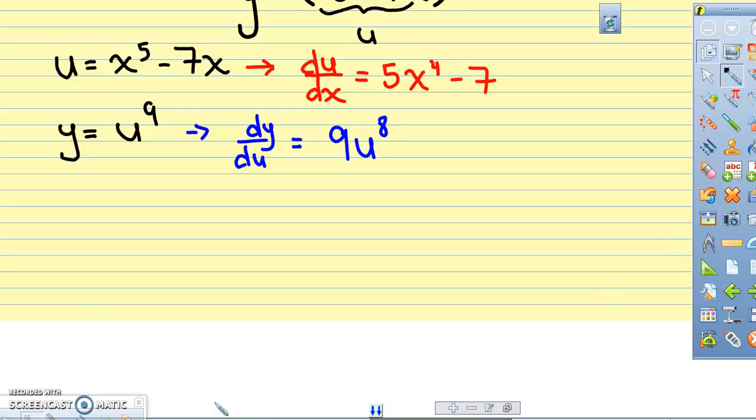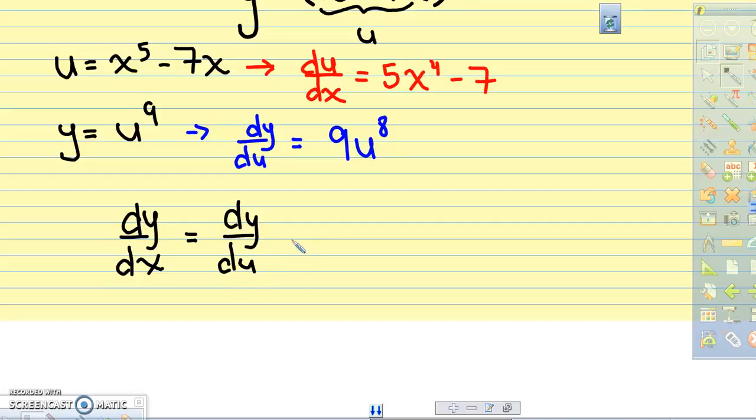Don't forget, the Leibniz notation says dy over dx is equal to dy over du times du over dx. Okay, and from this point on, all we do is plug in what we found.